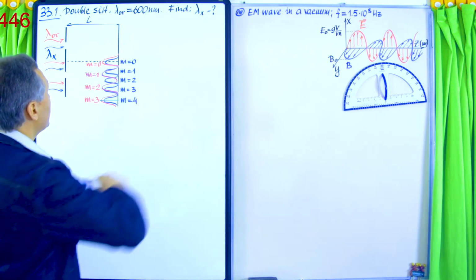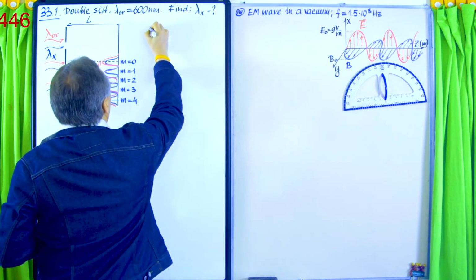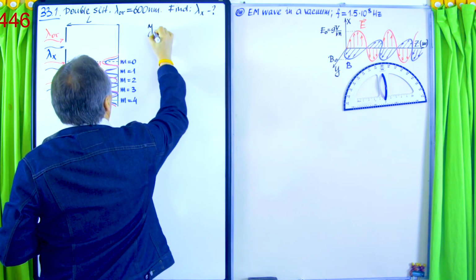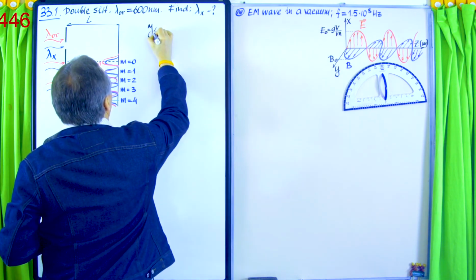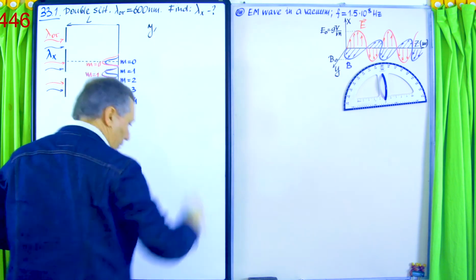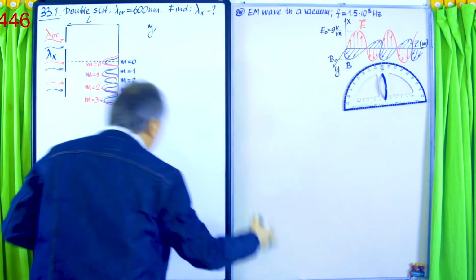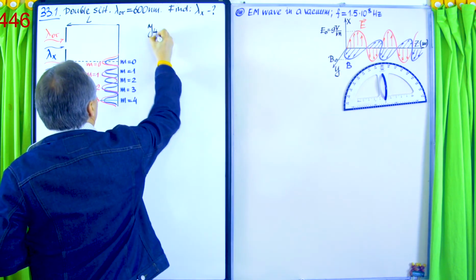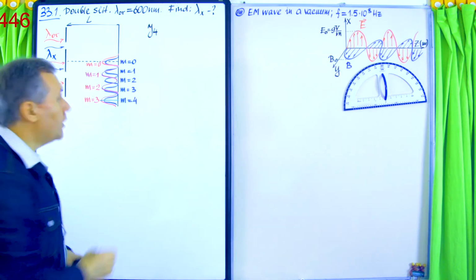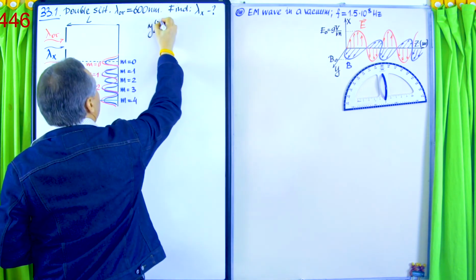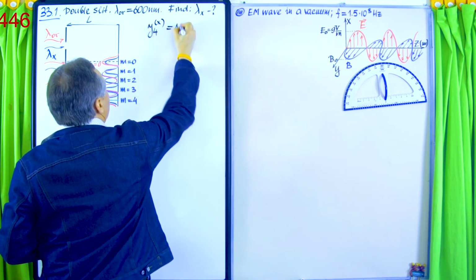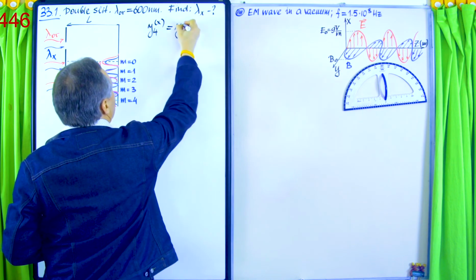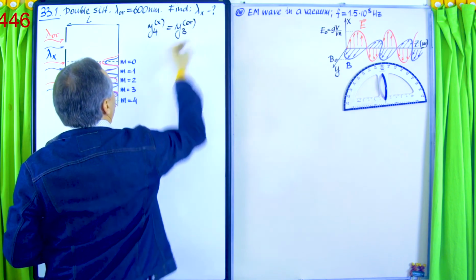Not much. We just know that the bright spot of the unknown light, subscript x. So we know that the position of the fourth bright spot of the unknown light equals the position of the third bright spot of the orange light.